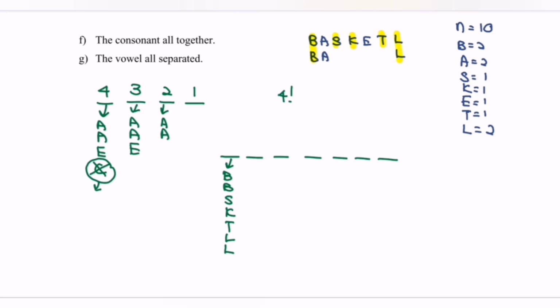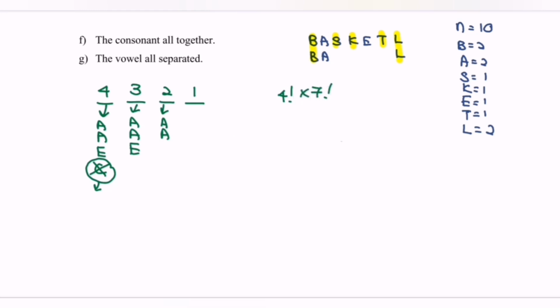How many possible situations can we have for the first place for the consonant? The answer is 7, followed by 6, 5, 4, 3, 2, and 1. If we multiply all of them, we can express the situation as 7 factorial.